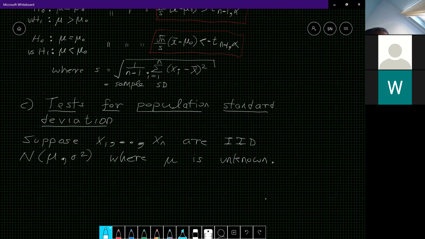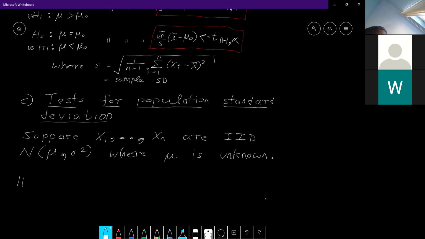So once again, there are three sets of hypotheses available. The first one is H0: sigma equal to sigma 0, where sigma 0 is once again a pre-specified constant.